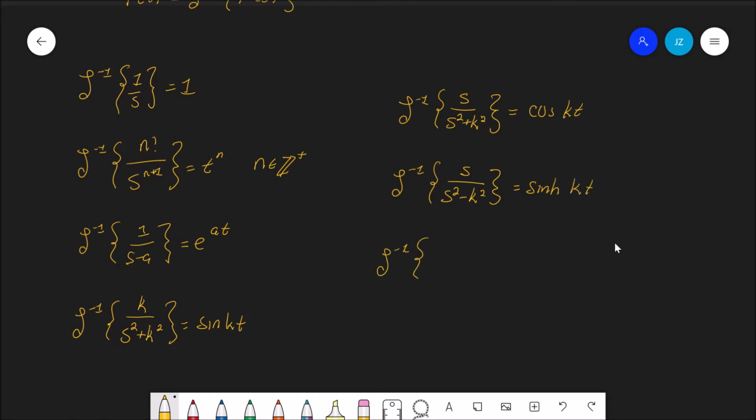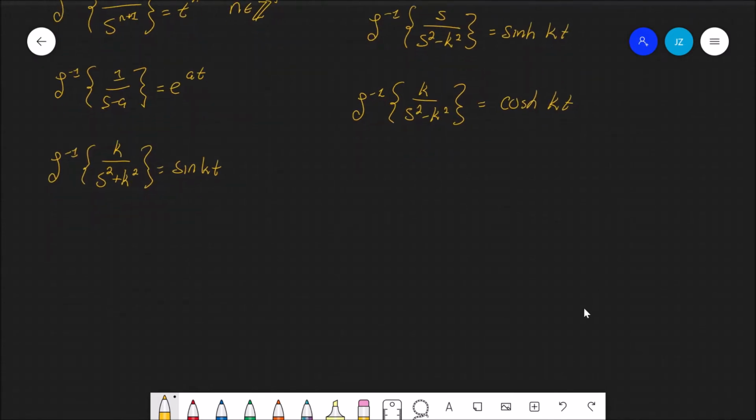And the inverse transform of s over s squared minus k squared is the hyperbolic cosine of kt. So we're going to use these to calculate some inverse Laplace transforms.